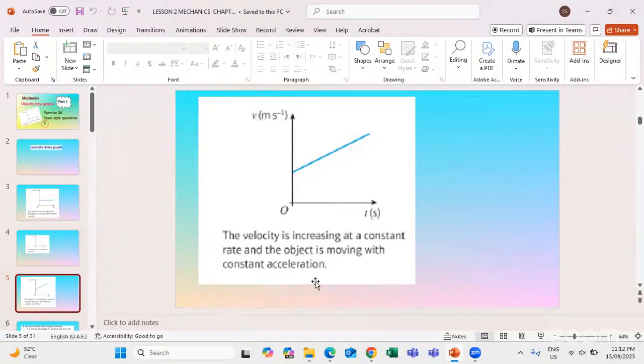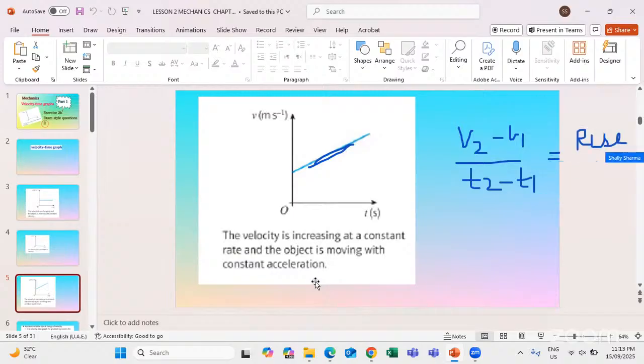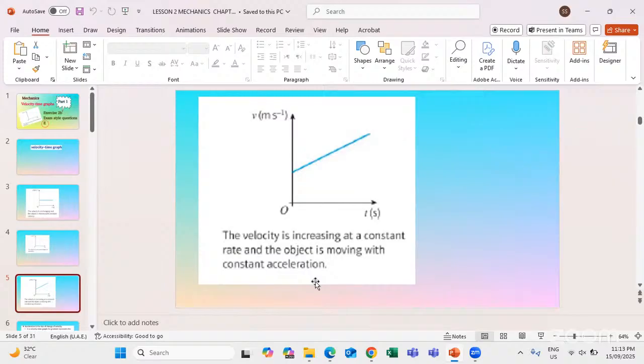Why? Because we are finding the gradient. When we say acceleration is v2 minus v1 over t2 minus t1, this is similar to rise over run, and we know that for a line the rise over run is always a constant value. So the change in velocity with time will be constant. So there is a constant acceleration.